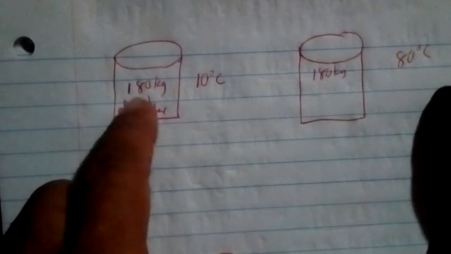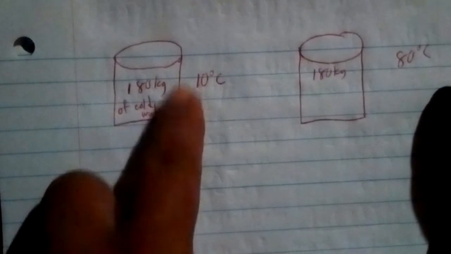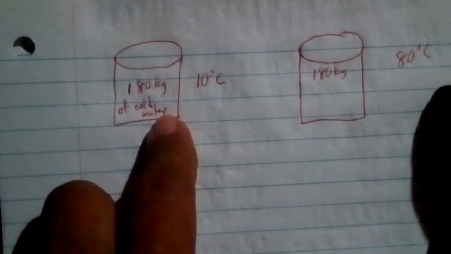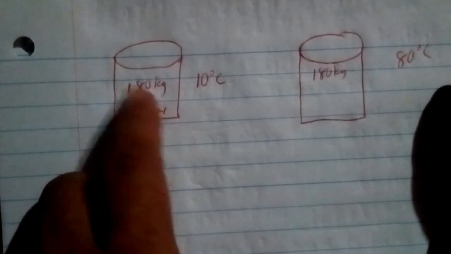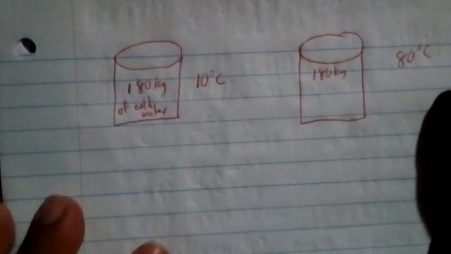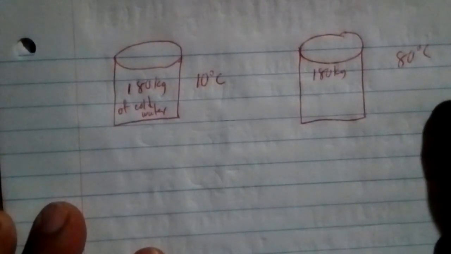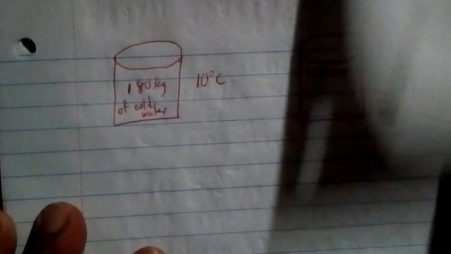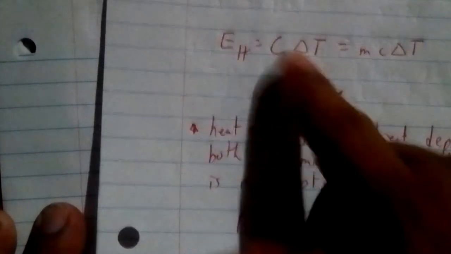Since we are talking of a specific mass, not just a body of water or of a material, we need to use specific heat capacity in our equation. So the equation that you are going to use is as follows.